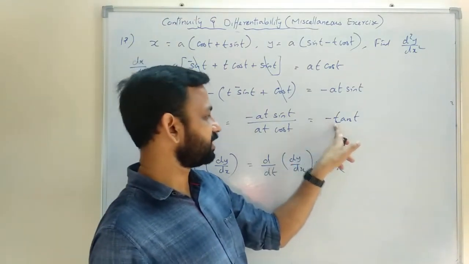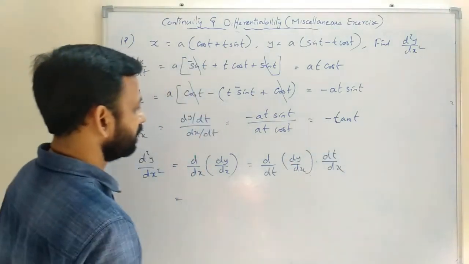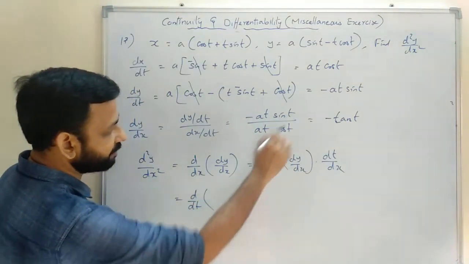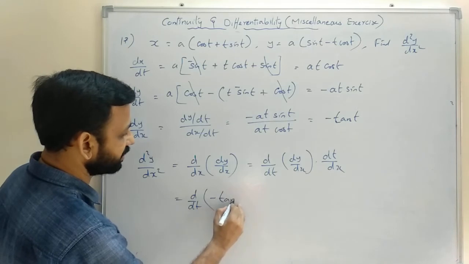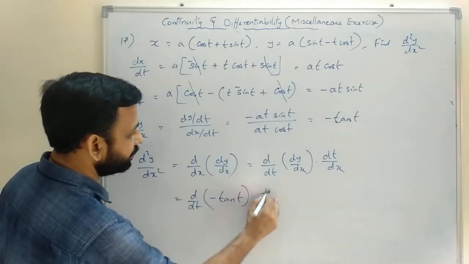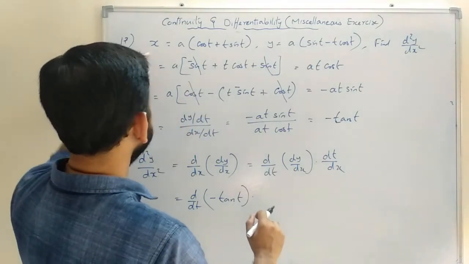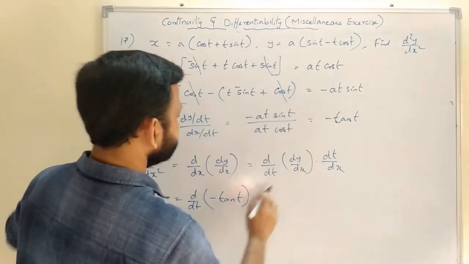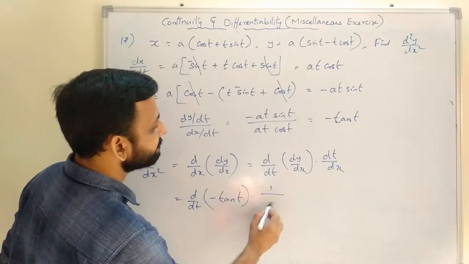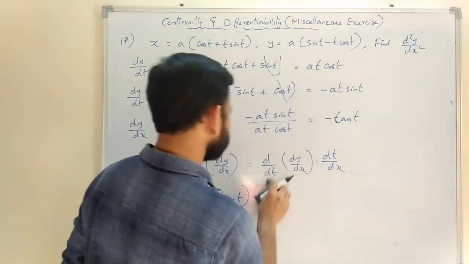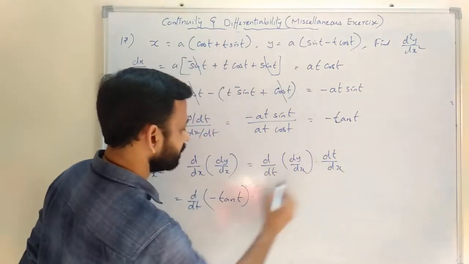We can differentiate d/dt of dy/dx with respect to t, that is minus tan t into dt/dx. dt/dx we already got; dx/dt is this one. So dt/dx is 1 upon it.